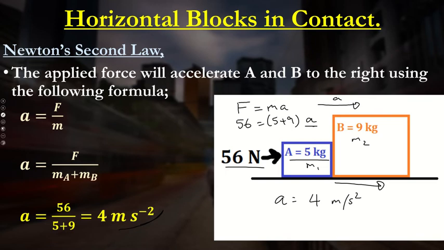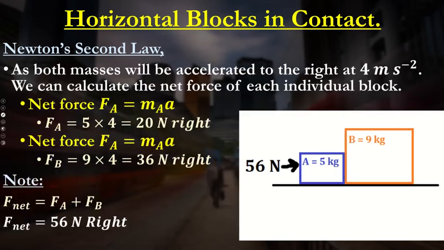But we don't yet know what the net force that A is experiencing, and we don't know yet what the net force B is experiencing. So that's the next thing we can work out. This bit gives you a sense of that. I know that the acceleration of the two blocks is 4 meters per second squared.